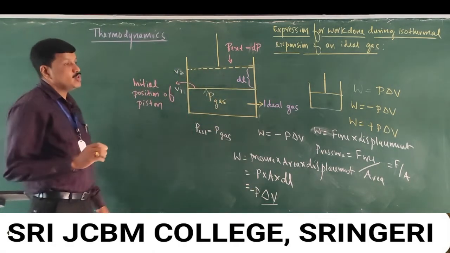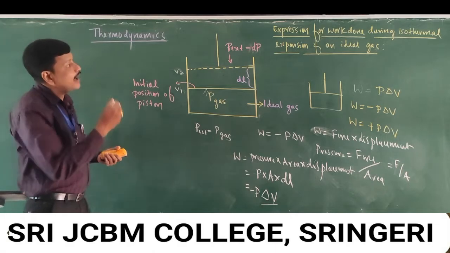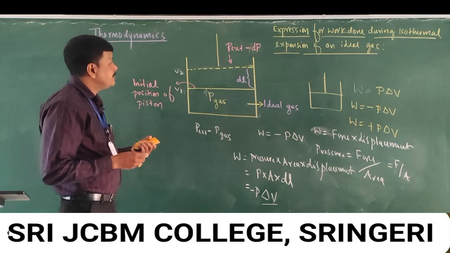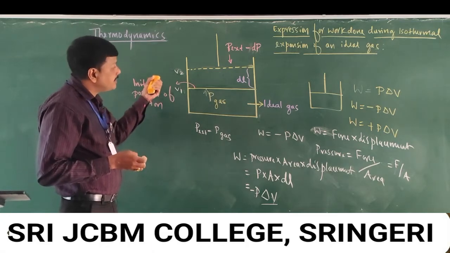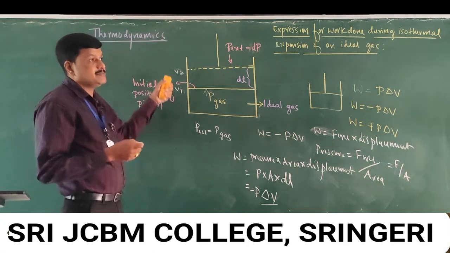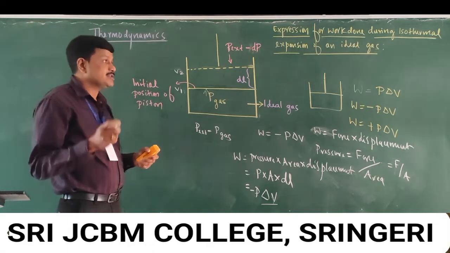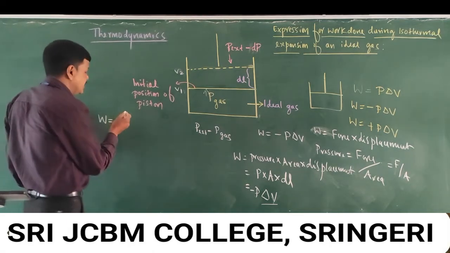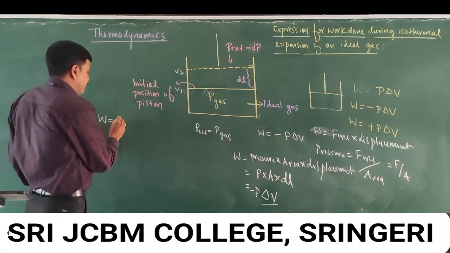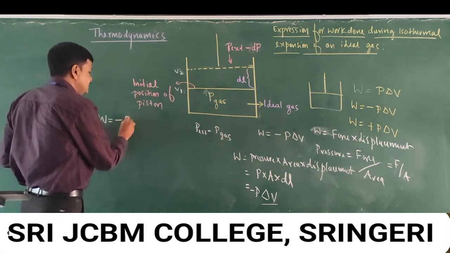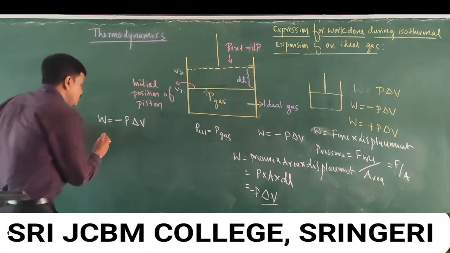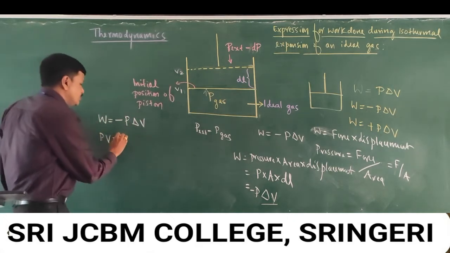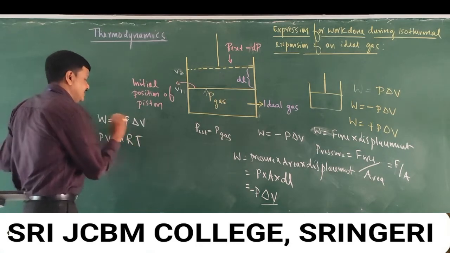So then the total work done during this isothermal expansion of an ideal gas, when the pressure changes from P1 to P2 and volume changes from V1 to V2 at constant temperature, is given by W equal to minus P delta V. You know that from the ideal gas equation, PV is equal to nRT.